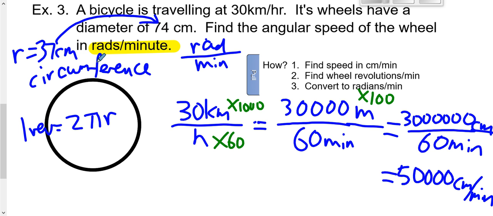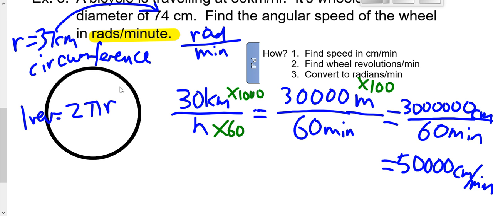So now if you look at this, 50,000 centimeters per minute. Now pause a few seconds. How do we incorporate this part here into this calculation? Would you say there would be 2 pi r per revolution, or 1 revolution per 2 pi r?